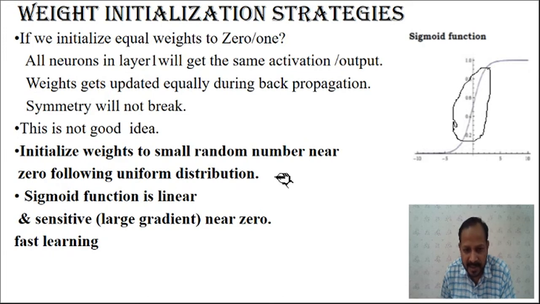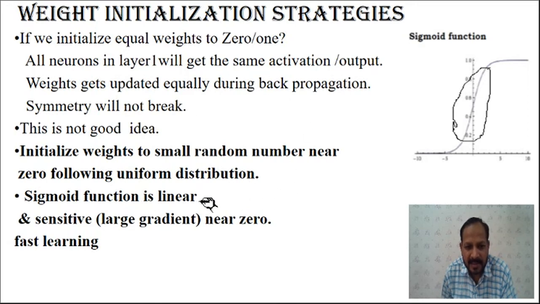We should initialize all the weight matrices of all the neurons to small random numbers near 0, so that this problem can be avoided.